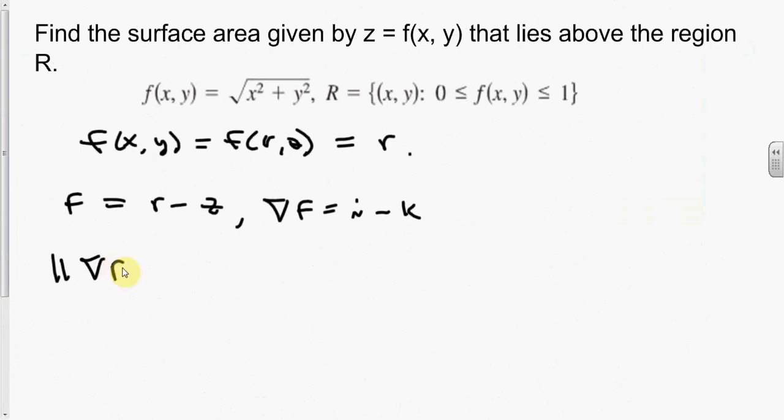And so the norm of the gradient of f is the square root of 1 squared, plus negative 1 squared. You get the square root of 2. And the region here puts the square root of x squared plus y squared between 0 and 1.